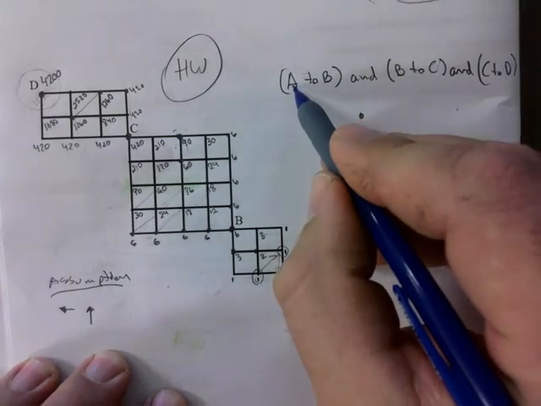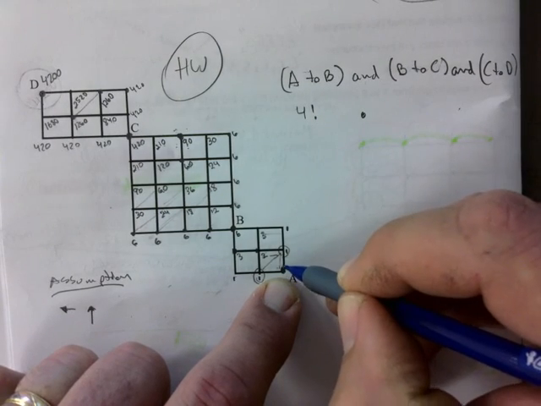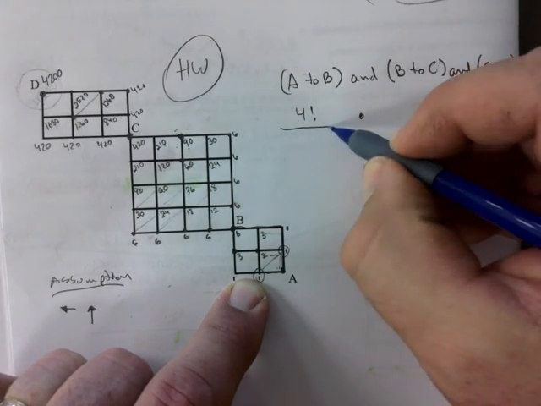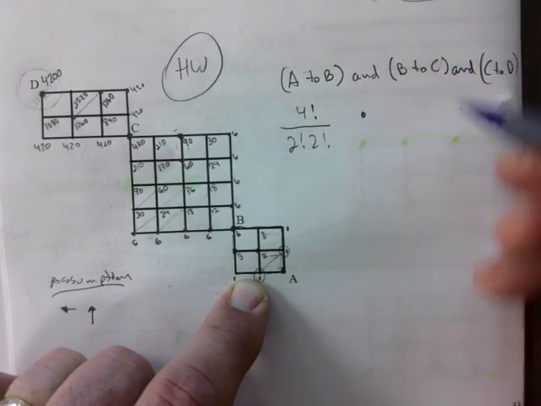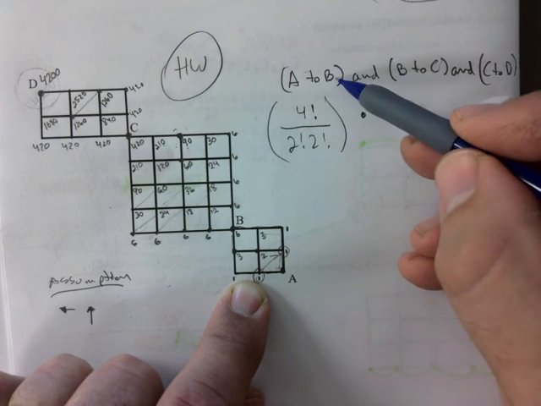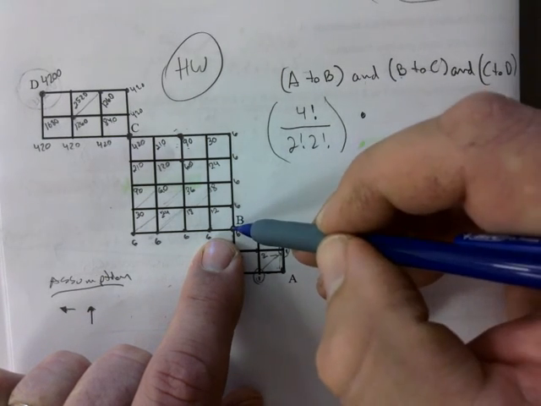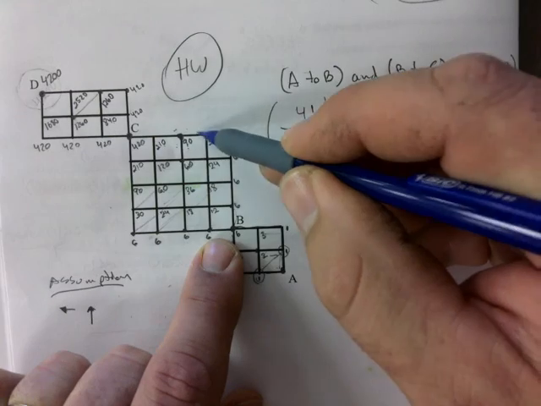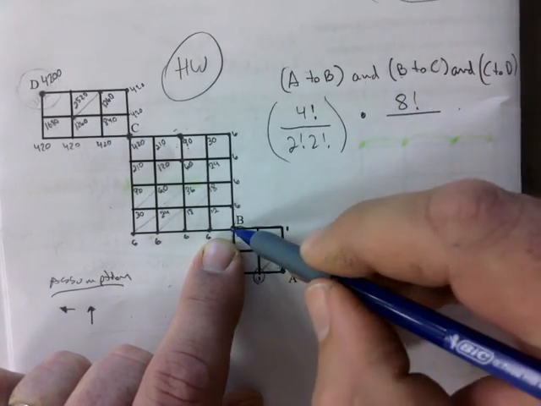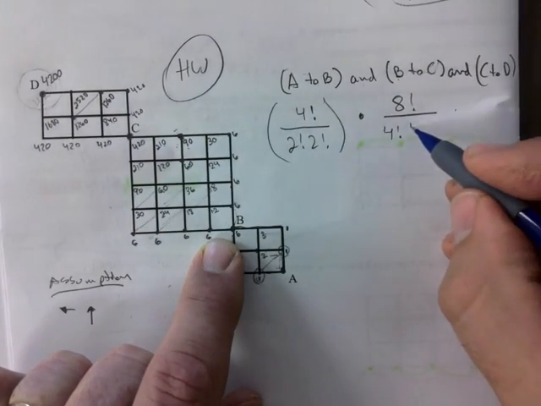So I'm going to be a bit careful here. From A to B, that's 4 total steps, right? So if you were to go straight up and over or sideways and up, it doesn't matter. That's 4: 2 vertical, 2 horizontal. So this would give you all the permutations to go from A to B. If you then want to go from B to C, just count 1, 2, 3, 4, 5, 6, 7, 8. 8 total steps: 4 vertical and another 4 horizontal.